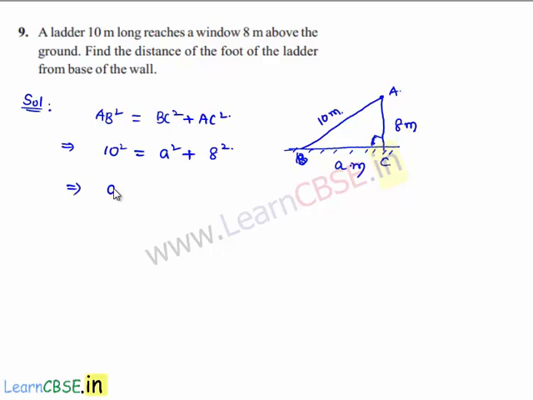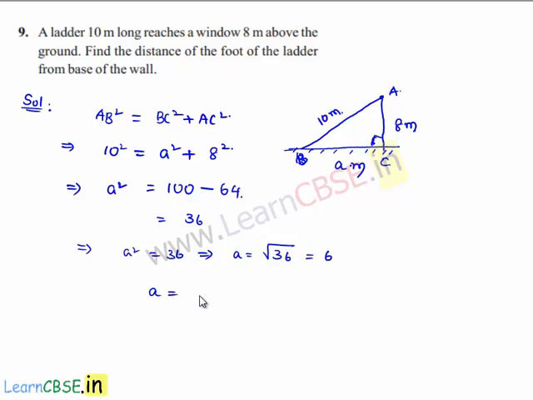That implies a square is equal to 10 square, which is nothing but 100, minus 8 square, which is nothing but 64, which is equal to 100 minus 64, which is nothing but 36. That implies as a square is equal to 36, a will be equal to square root of 36, that is nothing but 6.